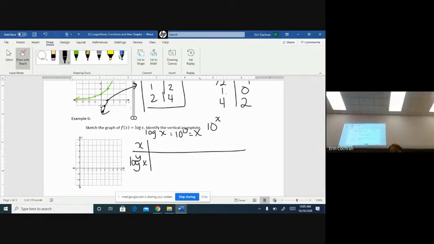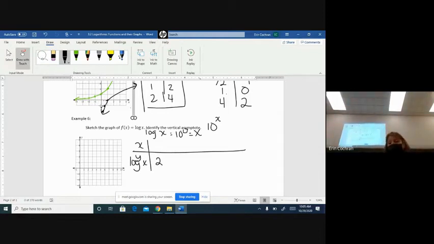Give me some values for x. Or how about this? Give me some y values, an exponent that I can raise 10 to. 2. Okay, so that's going to be my y value, wouldn't it?